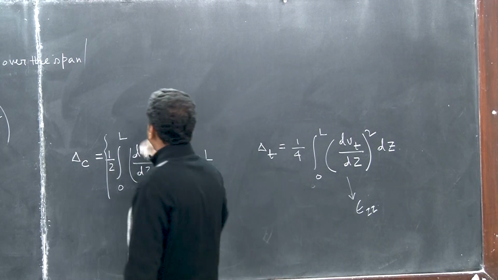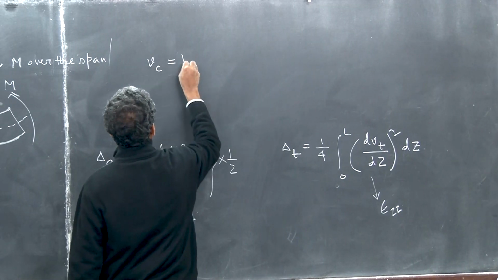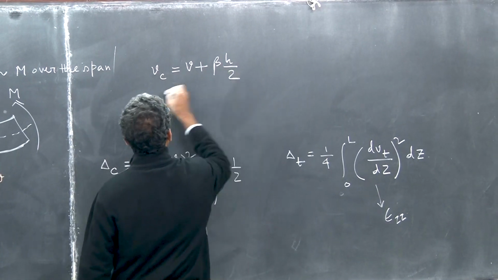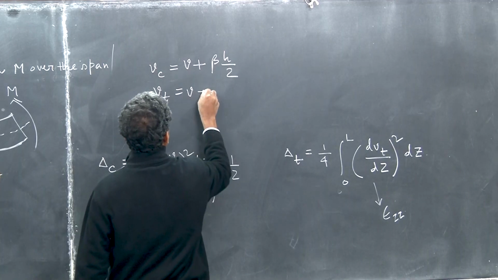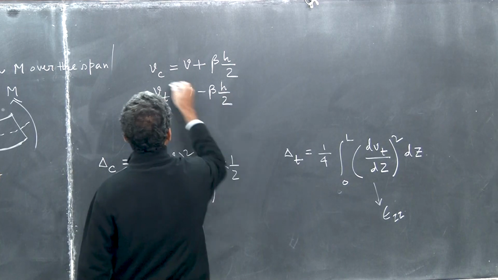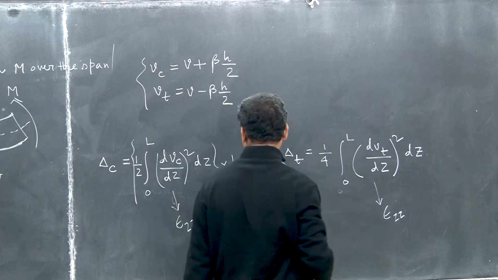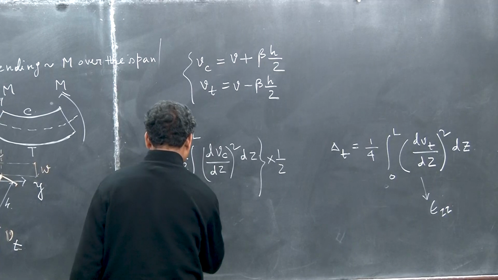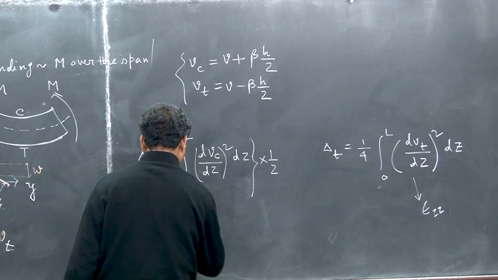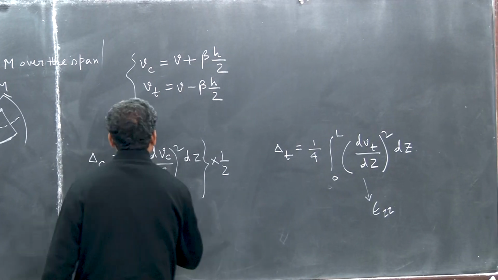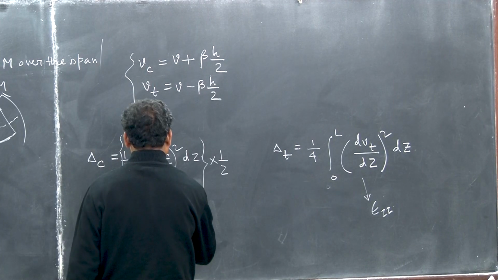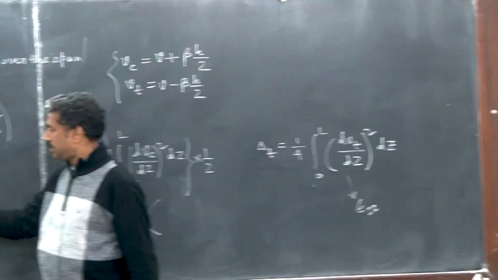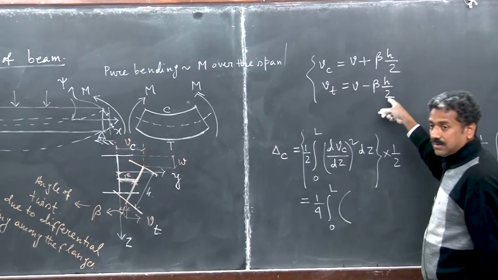Now what is Vc? Vc is nothing but V plus beta into H by 2, and Vt is V minus beta into H by 2. You understand this from there, right?